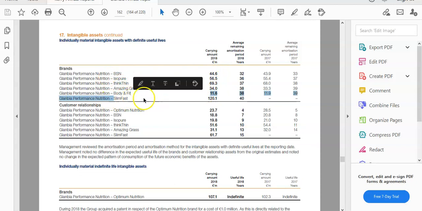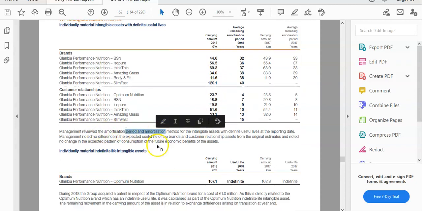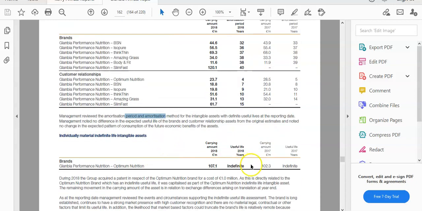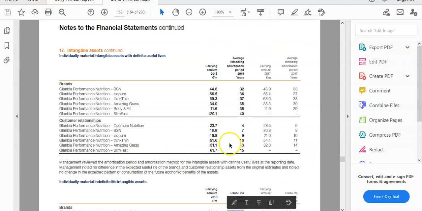See the SlimFast brand, 120, Isopure, BSN, Optimum Nutrition. Each of these has come from a previous acquisition where they've all been allocated a certain amount. And then you have an amortization period. One brand has an indefinite life, so it's not amortized. The rest have a number of different useful lives. So you'll see how many years are left for brand names and then for customer relationships as well.